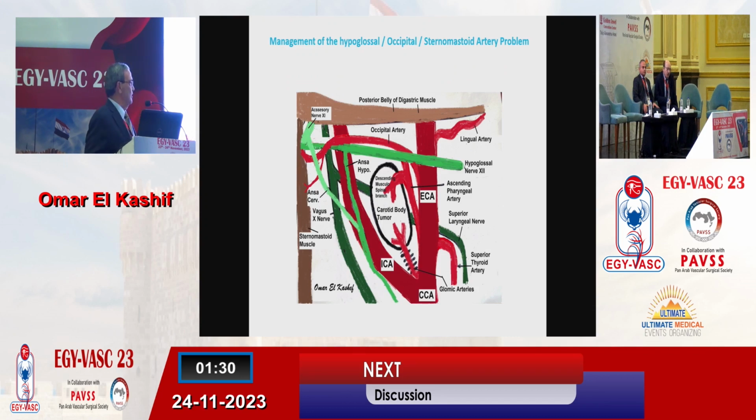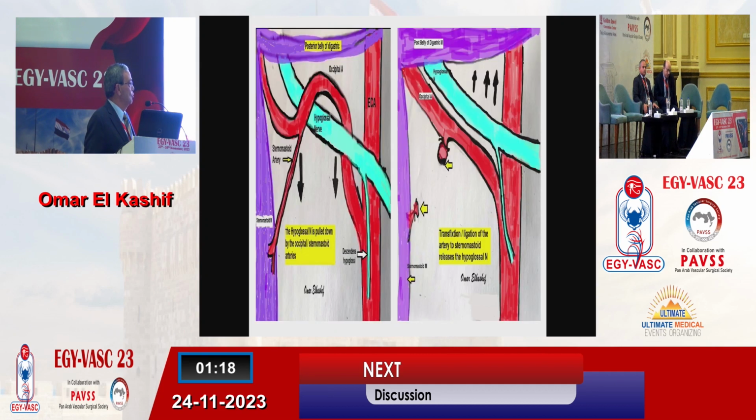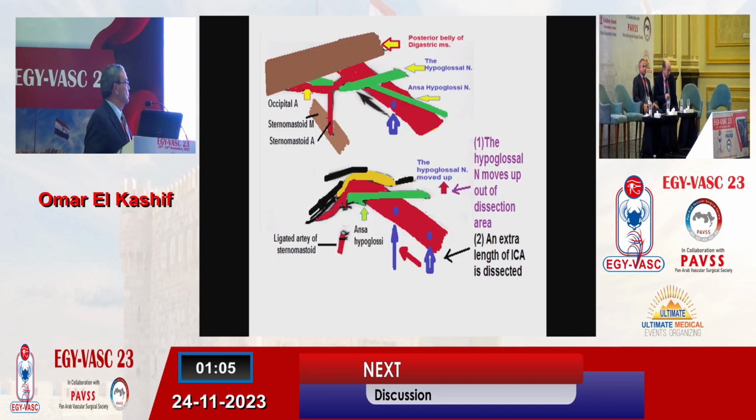The hypoglossal nerve is slung down by this artery, and after exposure and ligation of this artery, the hypoglossal can be manipulated up and medially away from our field. This is important because we can obtain an extra length of internal carotid if we need to do an interposition graft, etc.